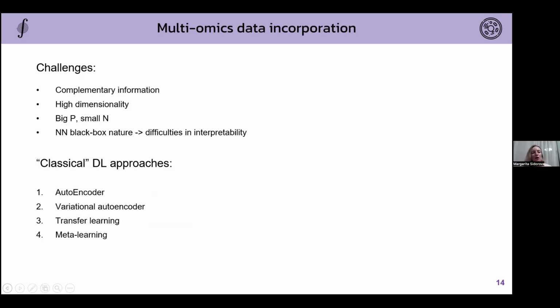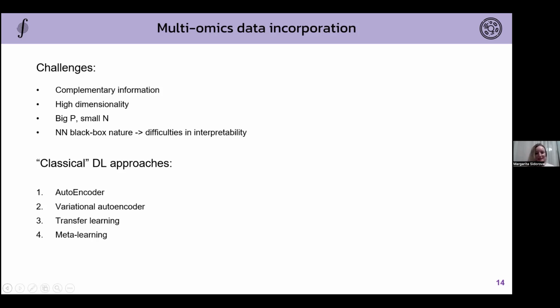But there are also classical, I will call it classical DL approaches, because in fact, if you read articles about multi-omics integration survival analysis, they can be divided into two parts, into the part of very advanced DL approaches and into the part of very interesting, very intriguing and beautiful biological approaches, however, also with deep learning.